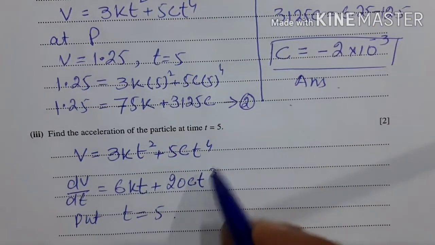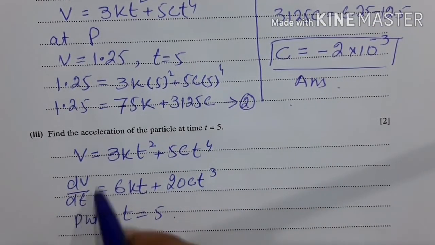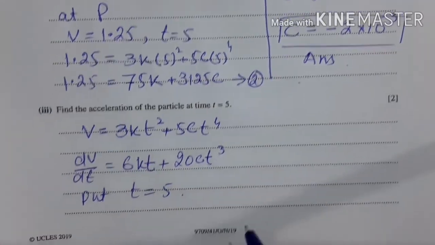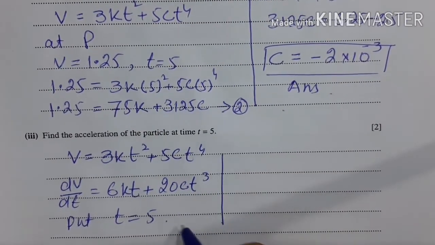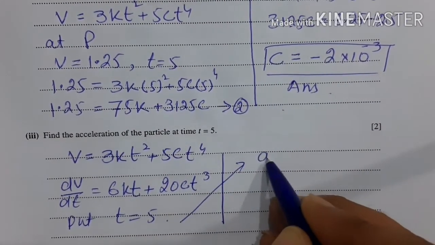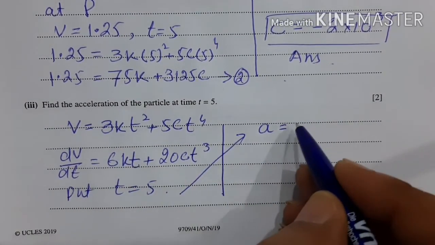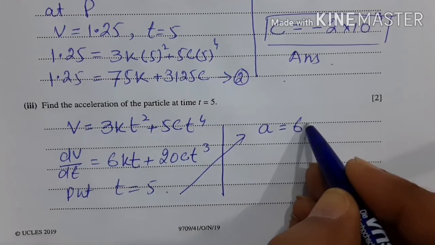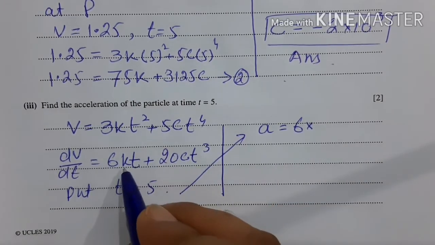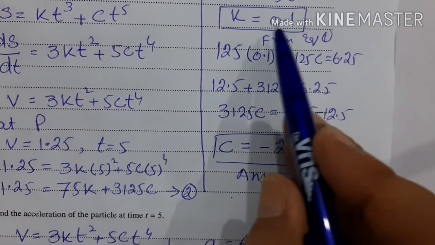Now this will become a, acceleration a. Therefore a is equal to, because dv by dt is a, 6 into k. k's value is 0.1.